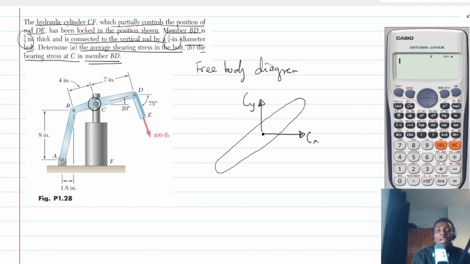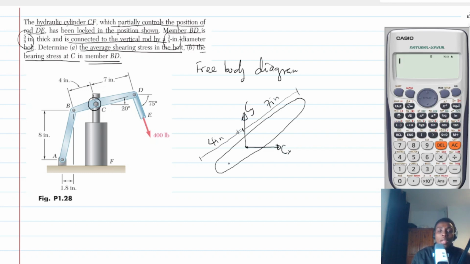Now after getting CX and CY, let me bring it down. So let's say C is somewhere here. So I have CY, then I have CX. The distance all the way here is 4 inch, and then the distance from here to the top is 7 inch.